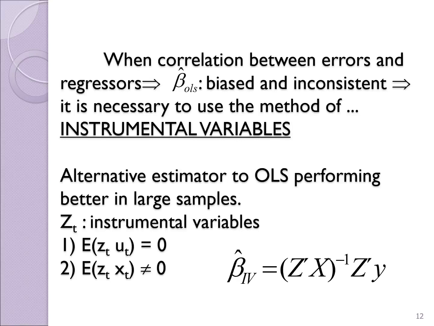Again, this number 12 tells you that we need instrumental variables as an alternative to OLS, because it performs better in large samples. The two conditions that we need, the same as in lesson 4, to have instrumental variables that are useful for our purposes are, first condition, the instrumental variables are not related to the error.